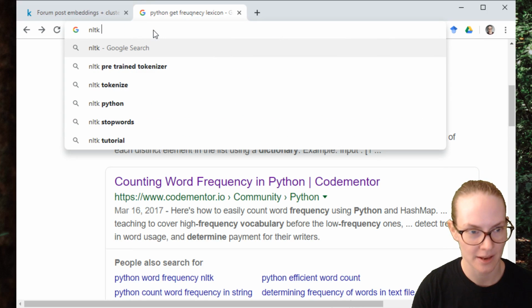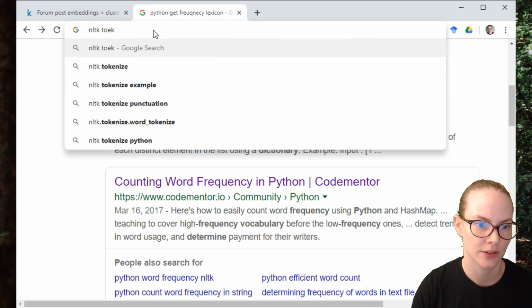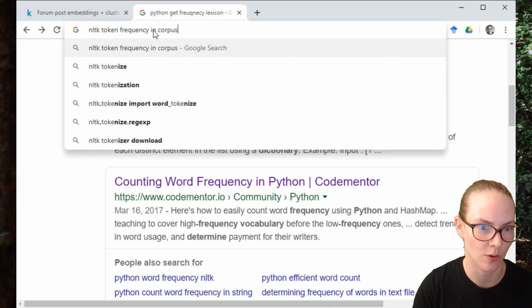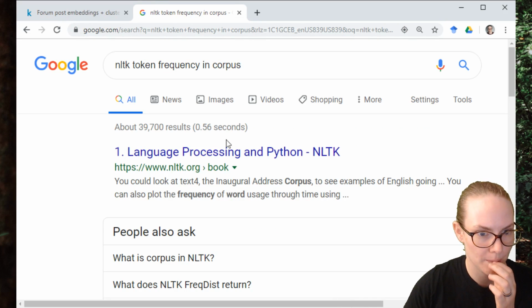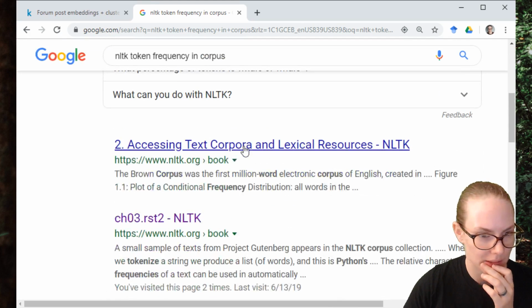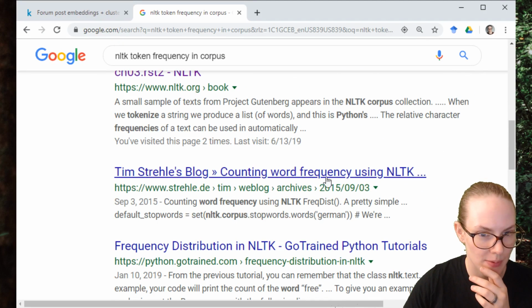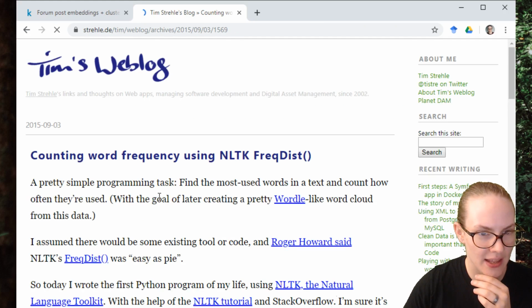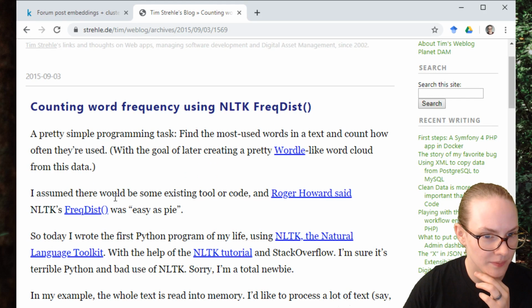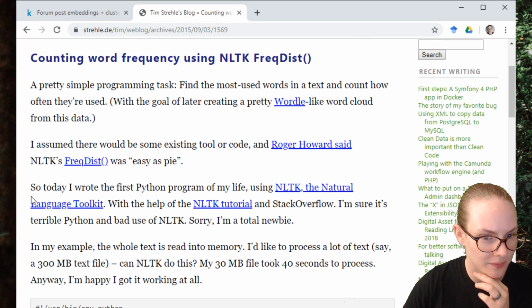NLTK. Token frequency in Corpus. Lexical, counting word frequency using NLTK. Let's see.